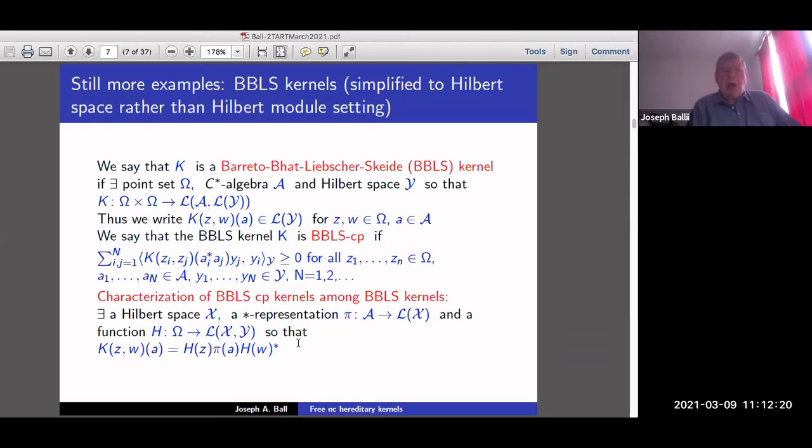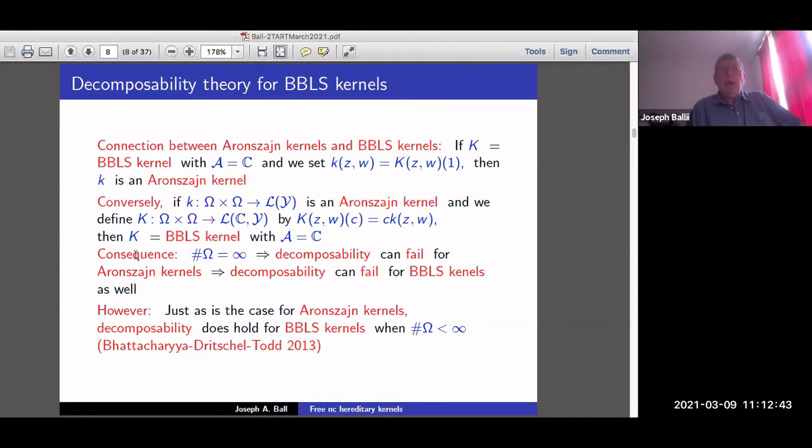H of W star goes from Y to X, pi of A is an operator on X, and H of Z takes you from X back to Y. So you plug this decomposition into this condition, and it all works out that the condition holds. So that's neat.